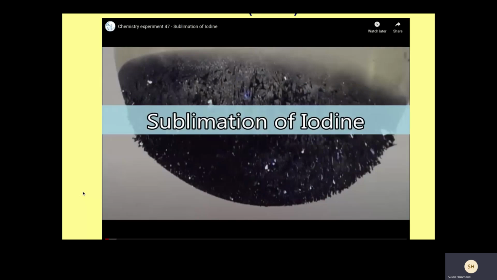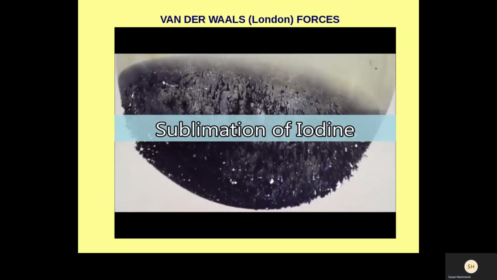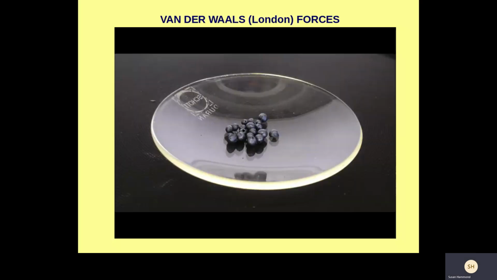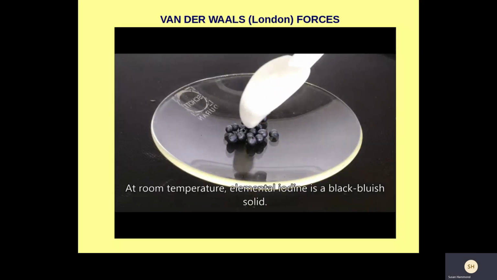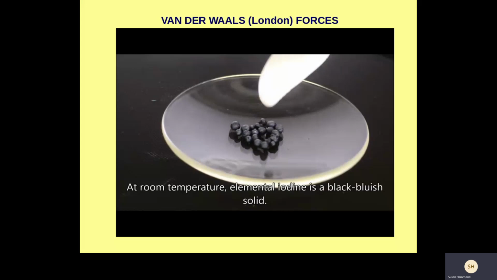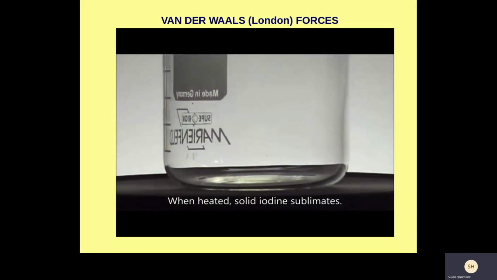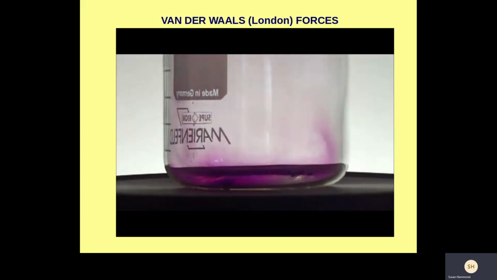There isn't particular sound on this. So one thing about iodine is the bonds holding the individual molecules are very, very weak. And it is actually a solid at room temperature. But if you heat it up to just over around about 115 degrees, then that solid iodine will sublime.